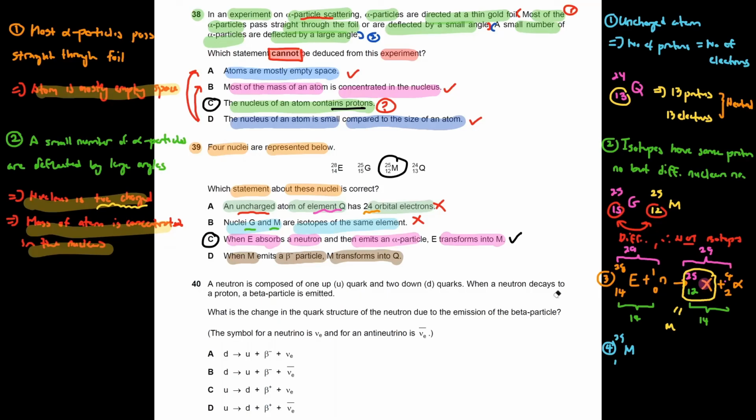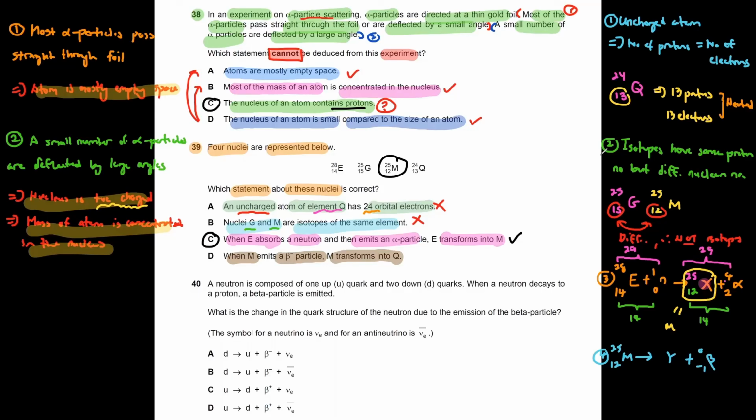Let me write this again. M 25, 12 emits a beta minus particle, and then M transforms into Q. So let's call this unknown element Y here. And then a beta minus particle is emitted.